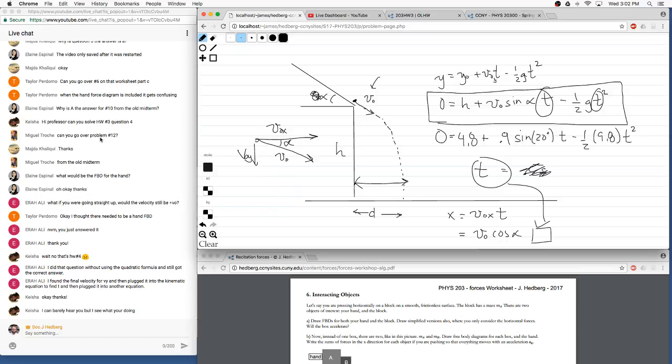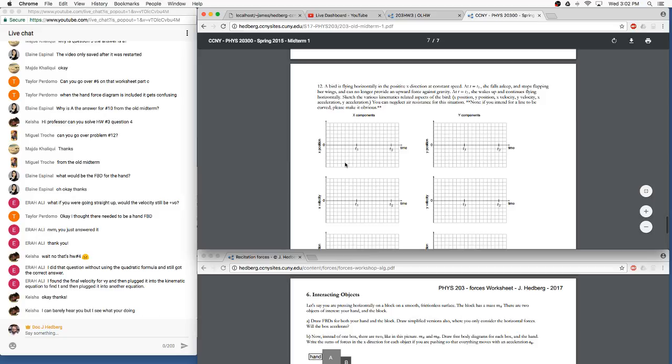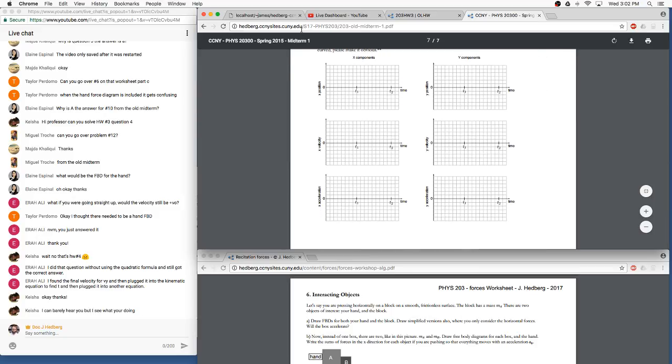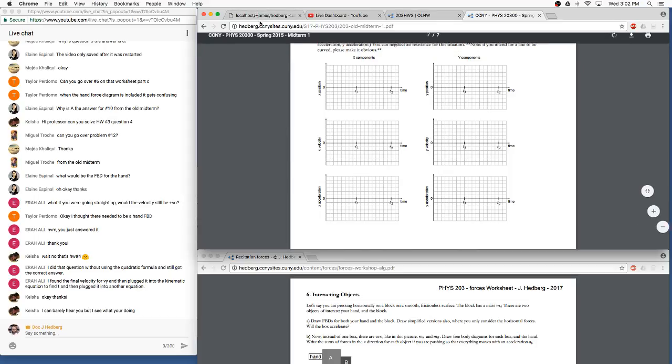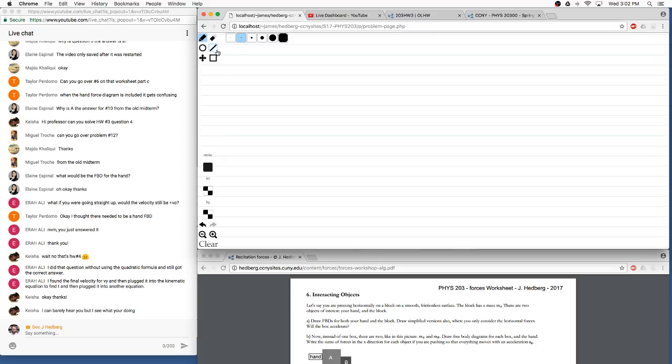Where are we? Can I go over problem 12 from the old midterm? Yeah, sure. We could draw some graphs. I'll just duplicate the plot axes real quick.